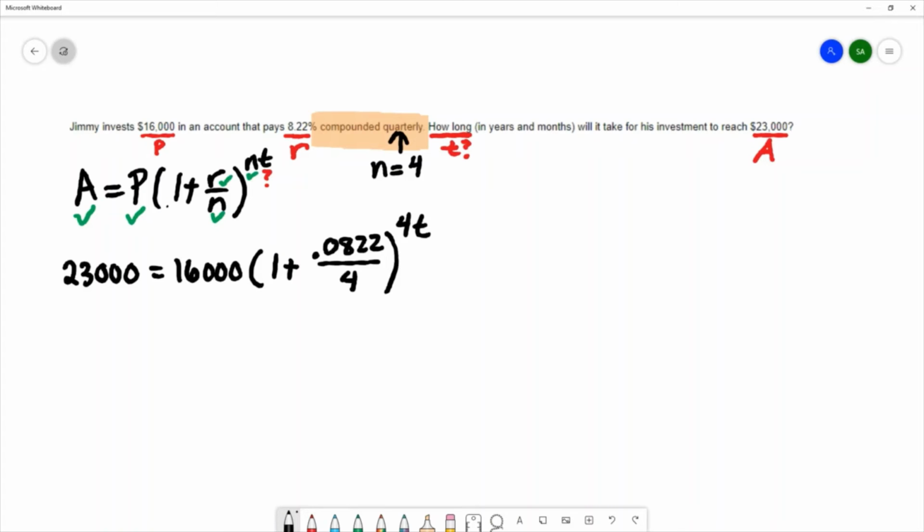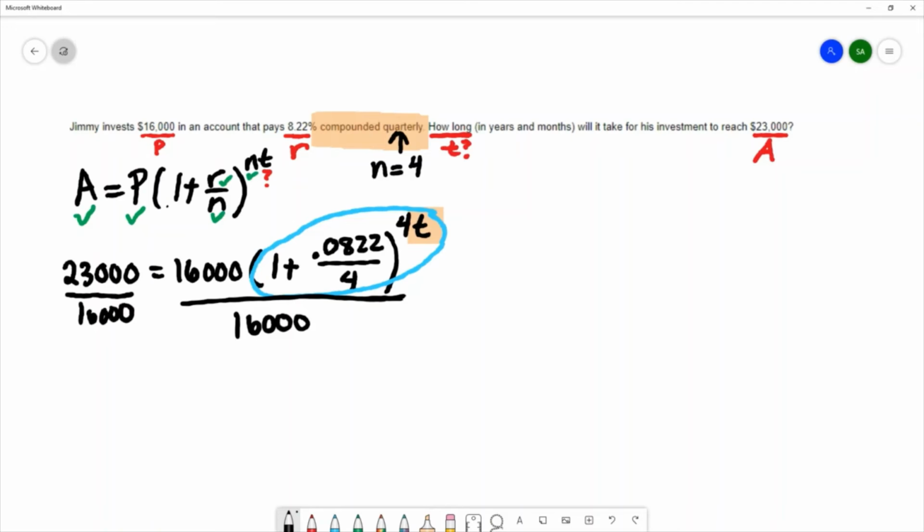So now I have an equation. This is an exponential equation because the variable is in the exponent. And I'm going to solve this with some exponential techniques. So with those exponential techniques, I want to isolate what the exponent is attached to. So that means I'm going to divide both sides by 16,000. And that will reduce down to 23 over 16.